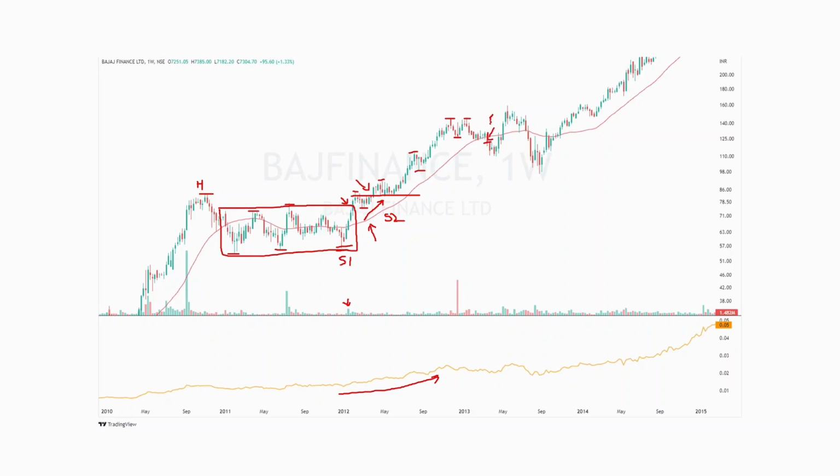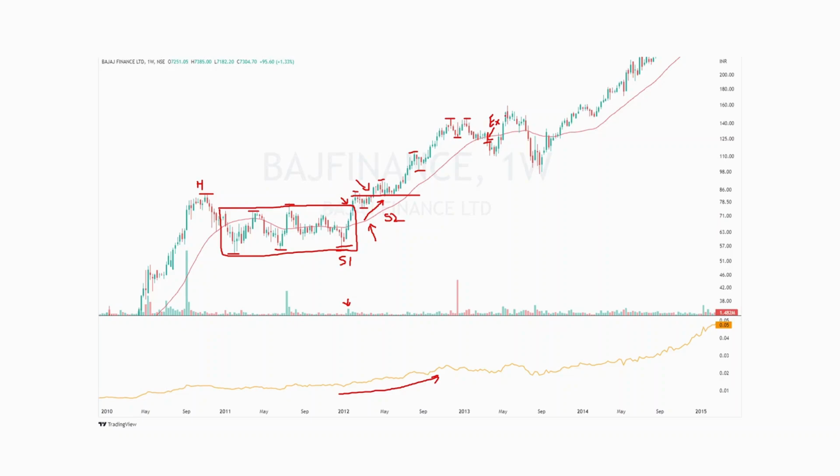This is an exit. This comes at about 125 and we had entered at around 71, 72. So that's a decent move, almost 80% that we were able to capture.